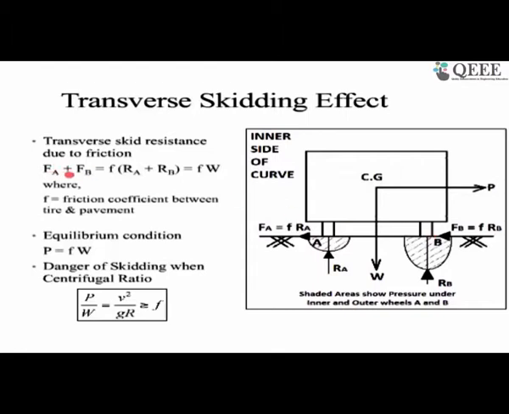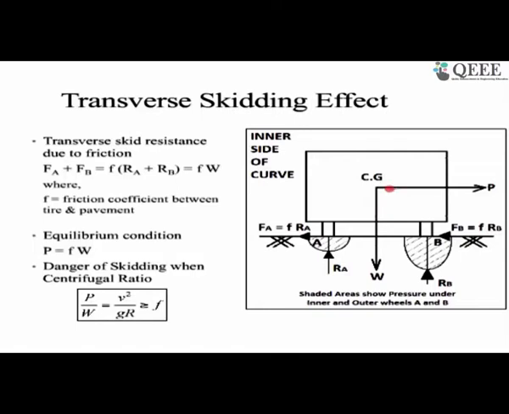Together it is Fa plus Fb, and this Fa plus Fb is nothing but the coefficient of friction times the total reaction. The total reaction is Ra plus Rb, which is nothing but the total weight of the vehicle, W. So f times W is the skid resistance due to friction.